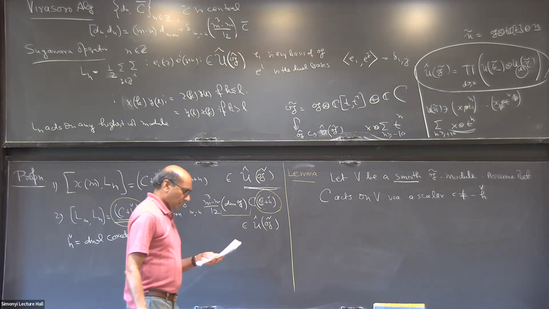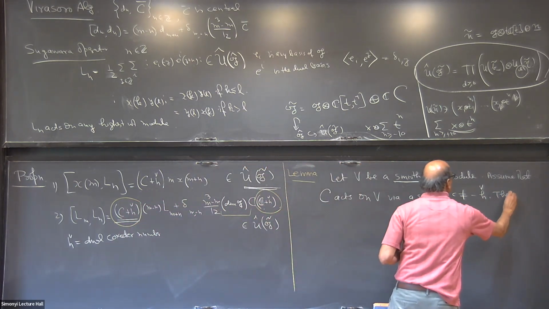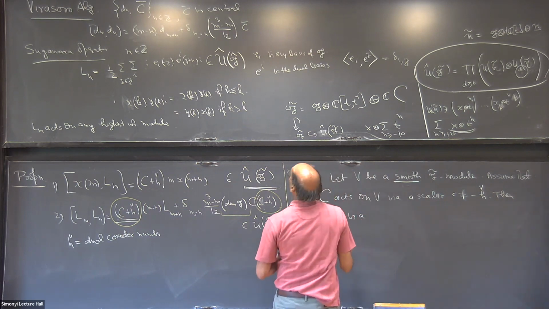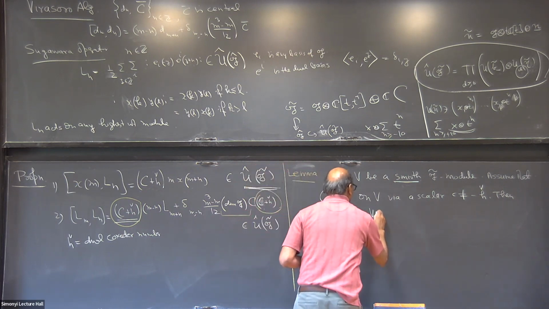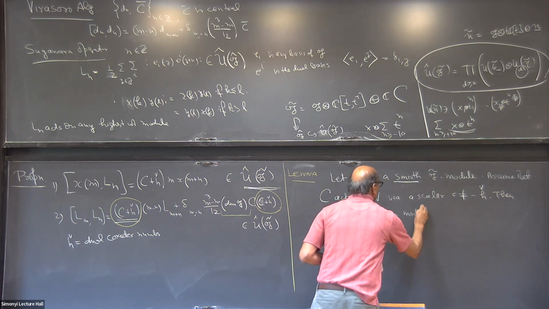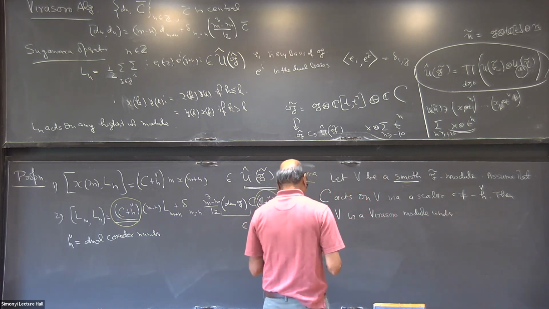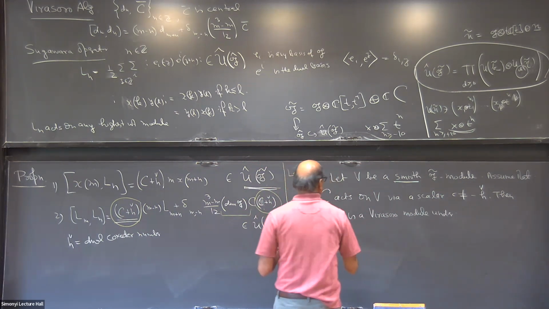Then V is a Virasoro module under the action.